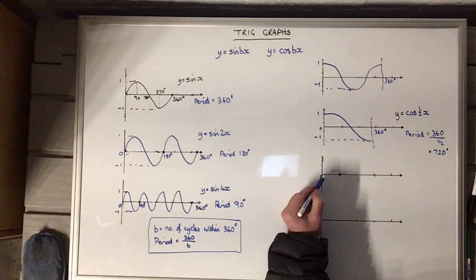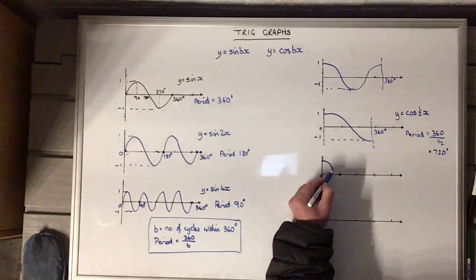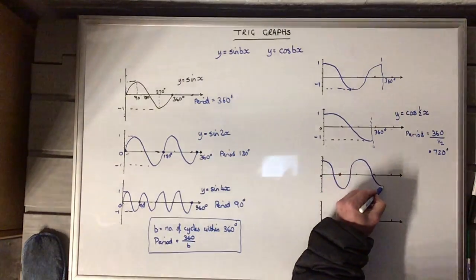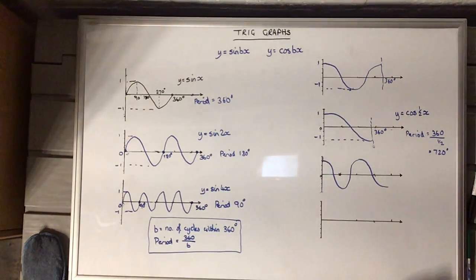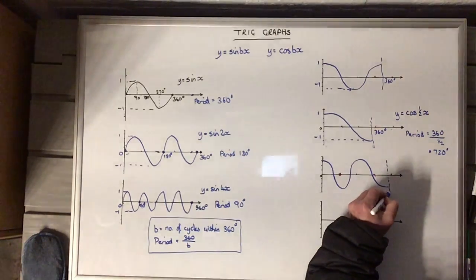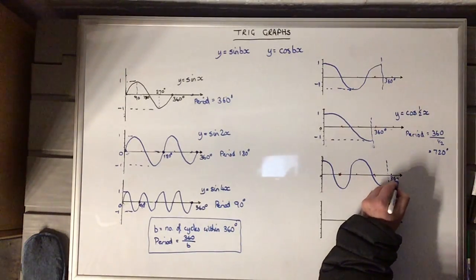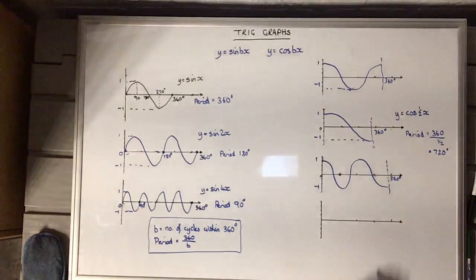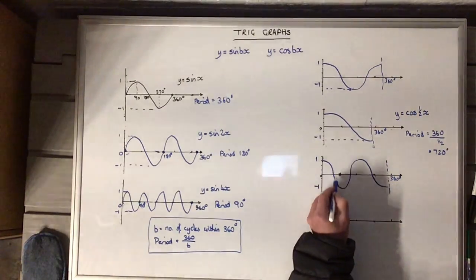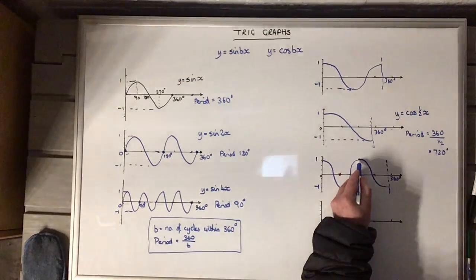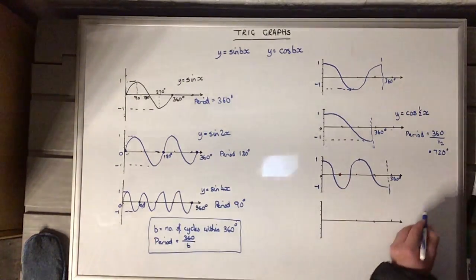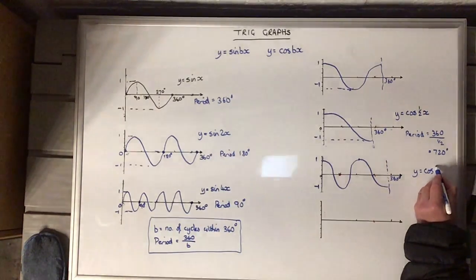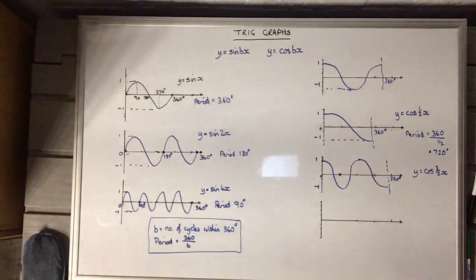Let's look at another one. Let's do one cycle, then another half cycle. So that would be 360 degrees. So make that 1 and minus 1. Again, it's a cos graph. We've got 1.5 cycles. That's one cycle to here, and then we've got another half cycle. So that graph would be y equals cos, that's 1.5, so that's 3 over 2 x.